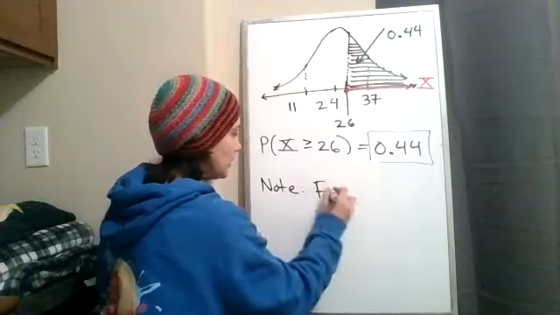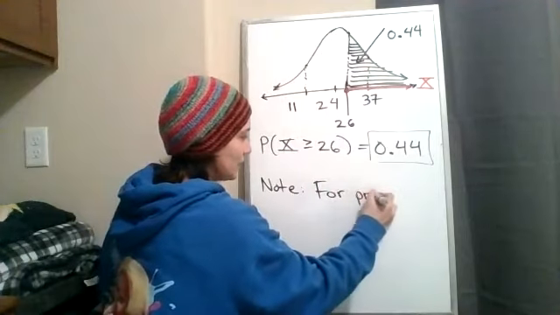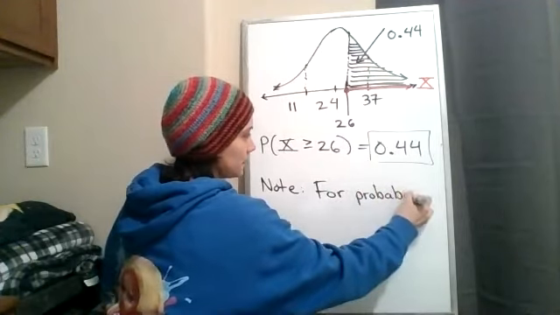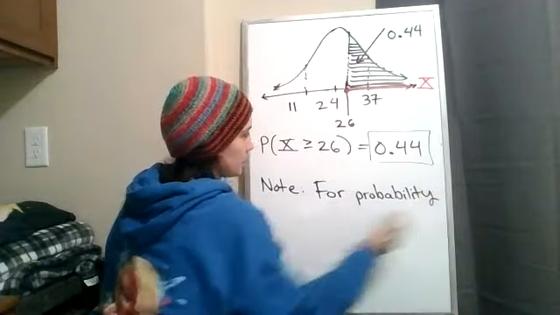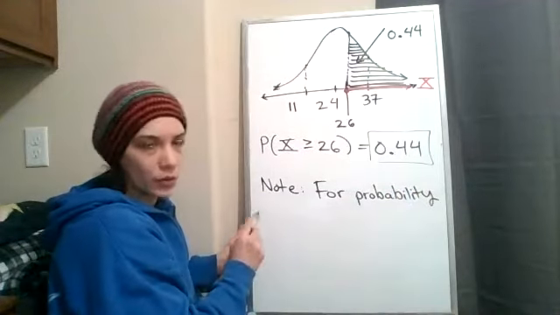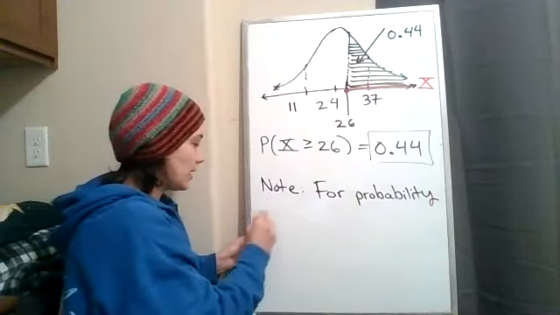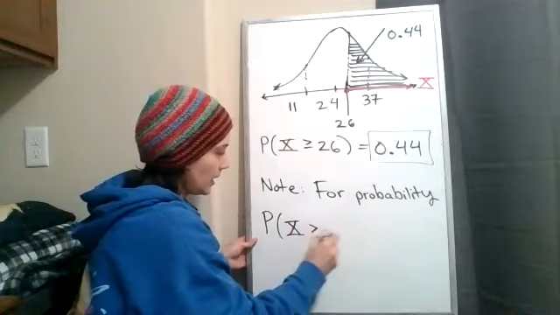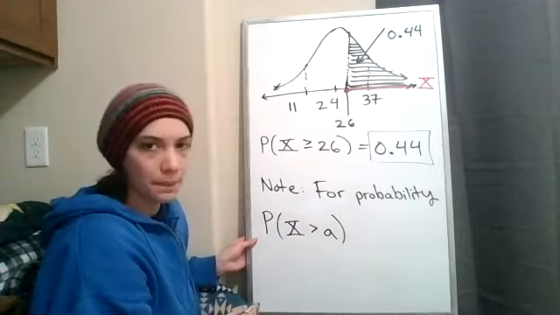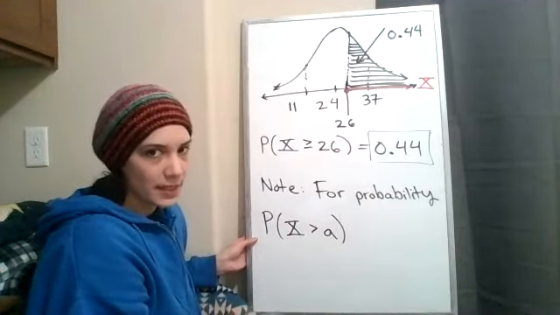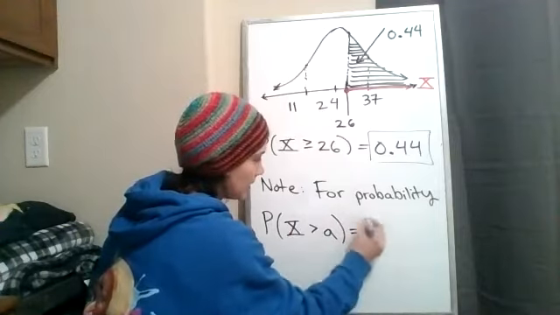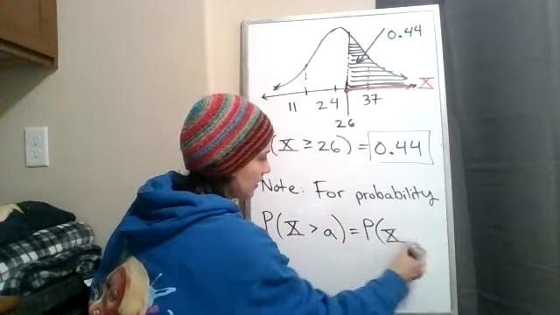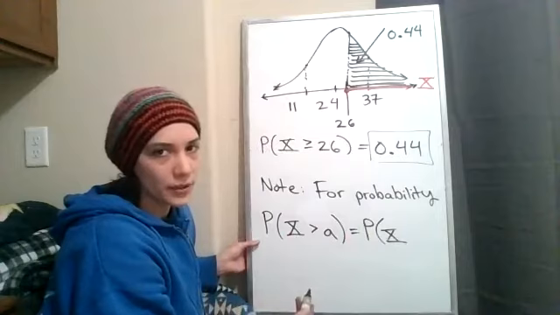So for probability, we're going to be looking at things like probability of x, let's say greater than a. That number is the same as the probability of x greater than or equal to a.